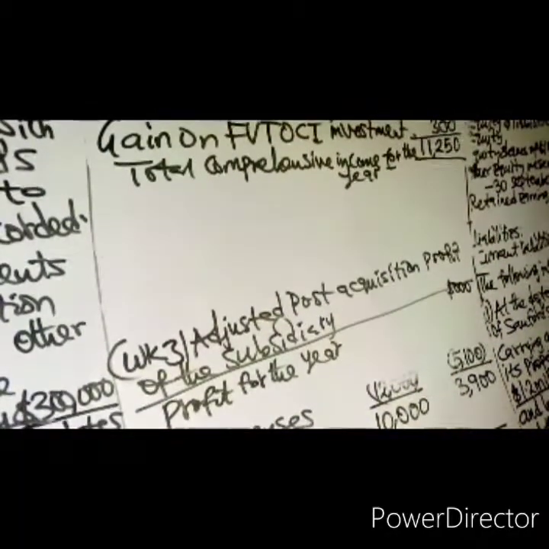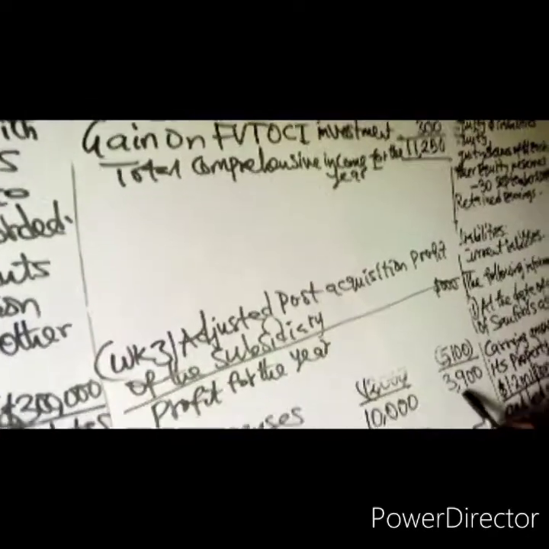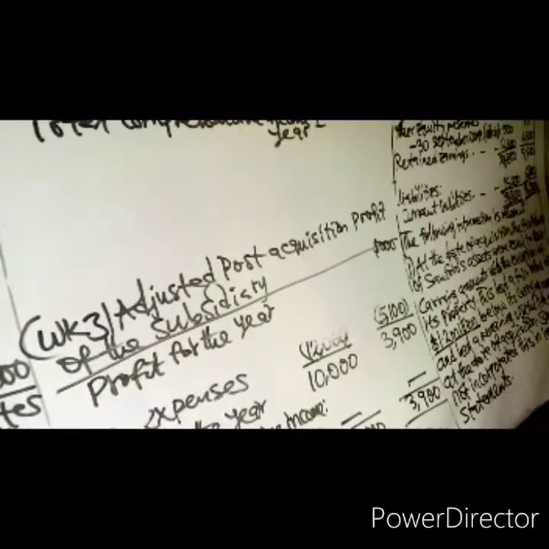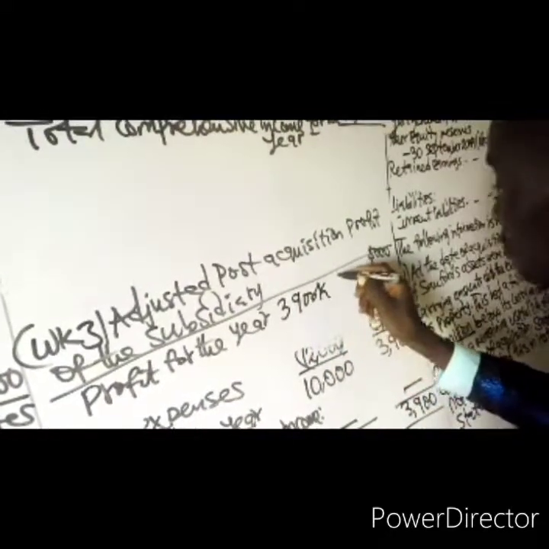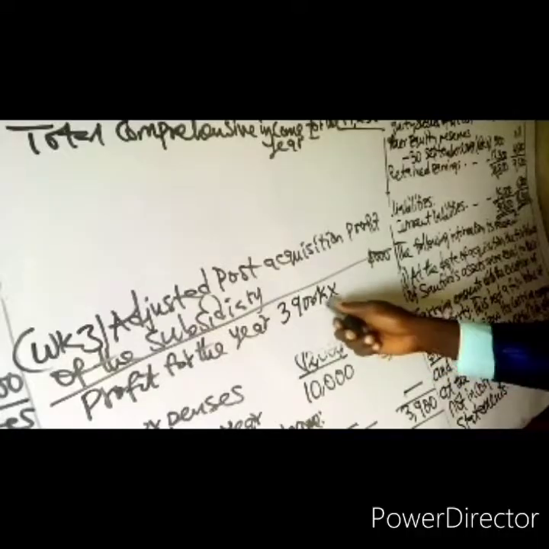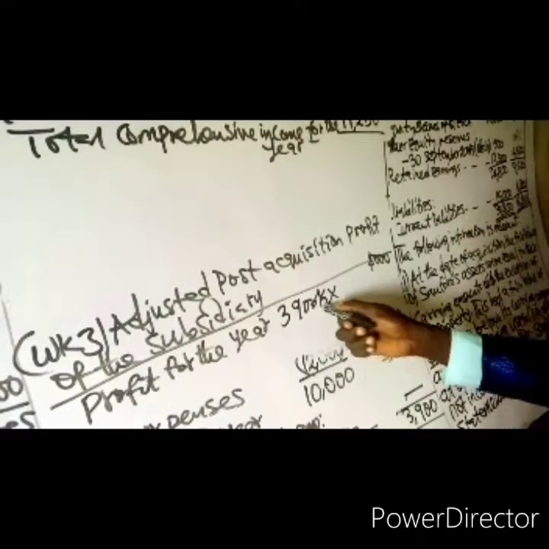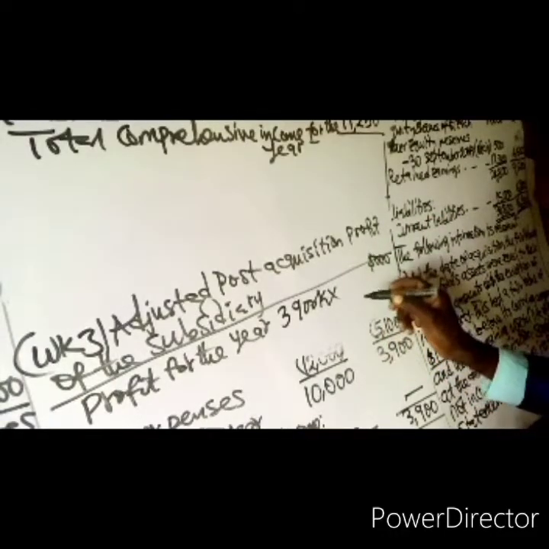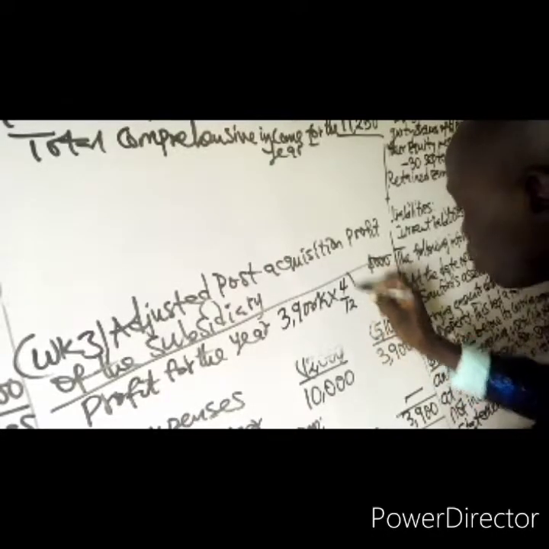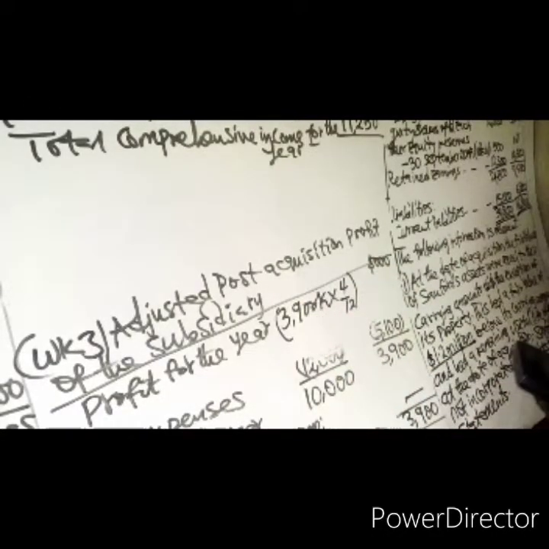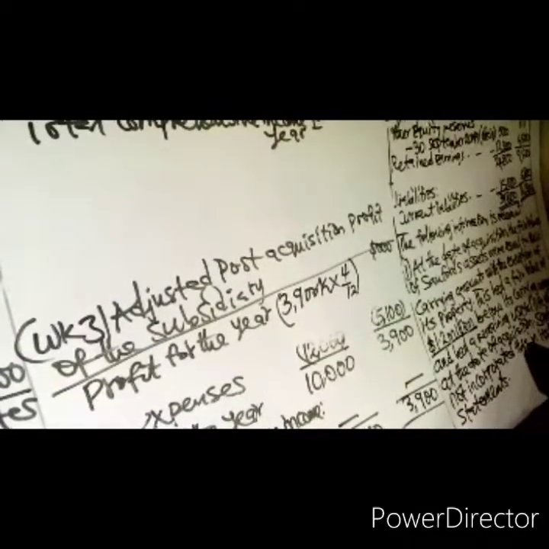The one relating to post acquisition period is what you need, and the profit for the year of the subsidiary is 3.9 million. Remember, 3.9 million is the profit for the year. I'm adding K because we have hit 3 zeros at the top, which is 1,000. So the one relating to post acquisition period is 4 months. You are going to apply time apportionment to that, and that will be 3,900 times 4 divided by 12.